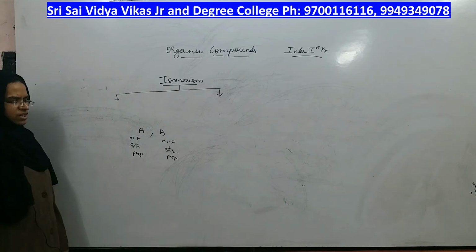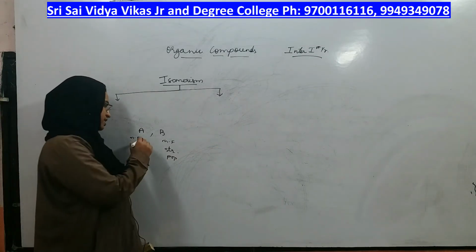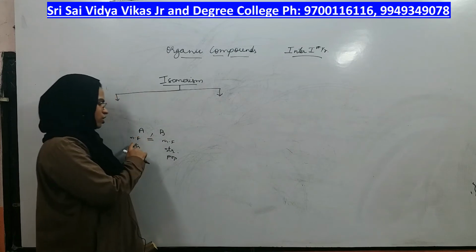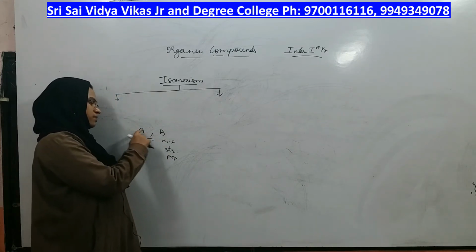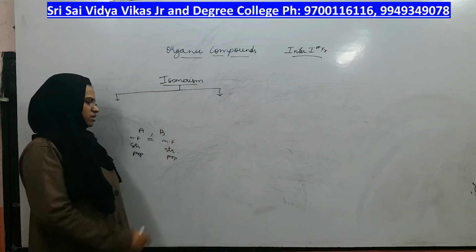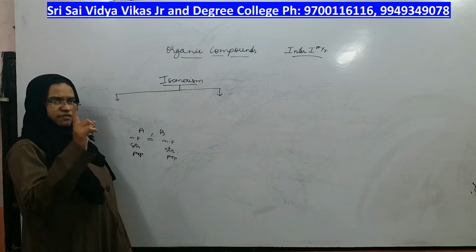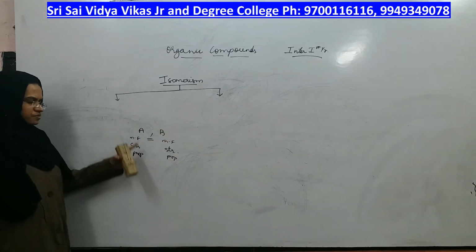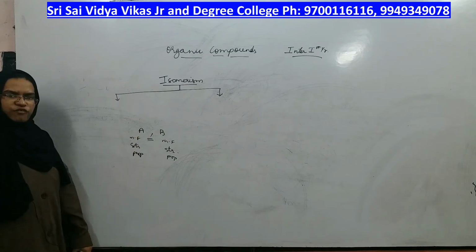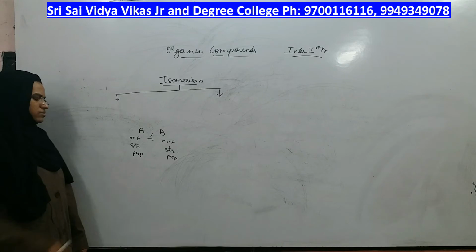After finding out these things, you will come to a conclusion that the molecular formula of these two compounds is exactly the same. If it has 5 carbons, even this has 5 carbons. If it has 10 hydrogens, even this has 10 hydrogens. If it has 1 oxygen, even this has 1 oxygen. What does that mean? The molecular formula of compound A and B are exactly the same.